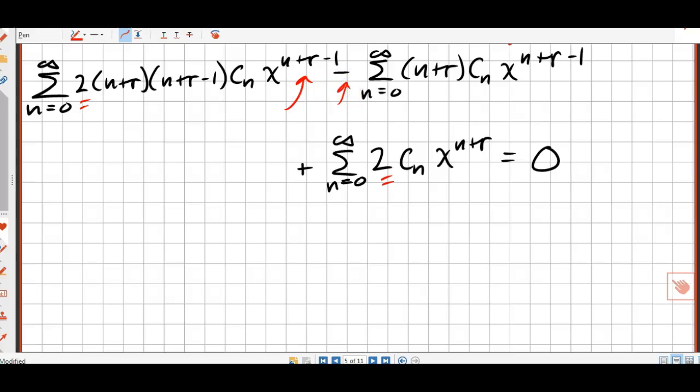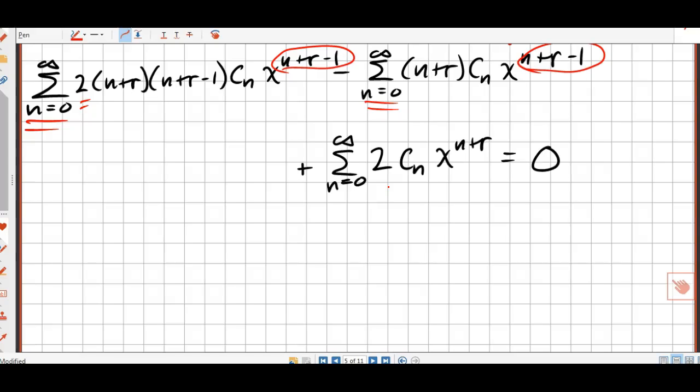Now since these first two terms both start with the exact same exponent, and the index starts the same, the exponent on the x is the same. If you remember when we were working with power series, usually we had to do some adjusting to get that to work out. But in this case, they've already matched up, and that means I can combine those two terms together without doing any other manipulation.